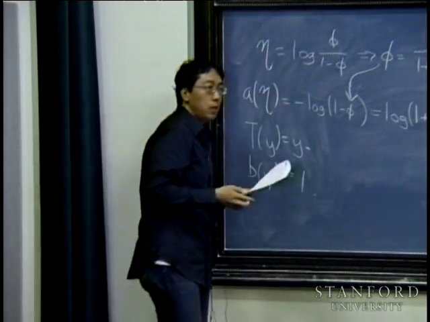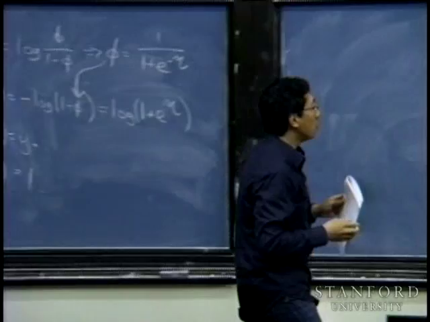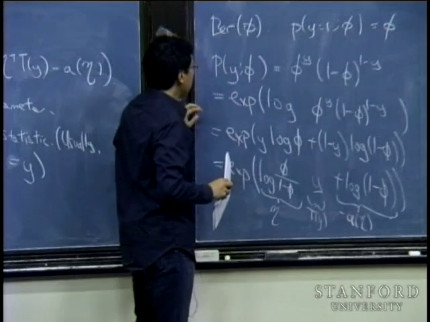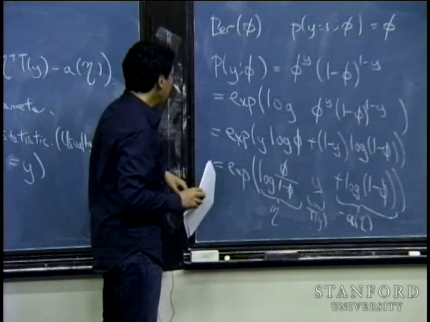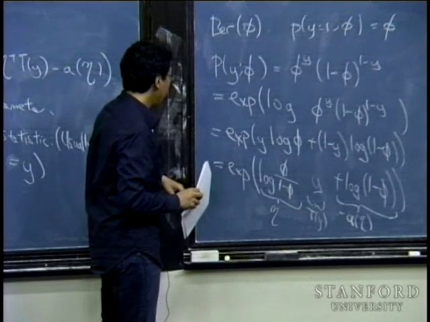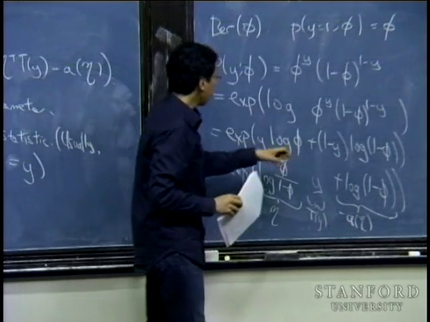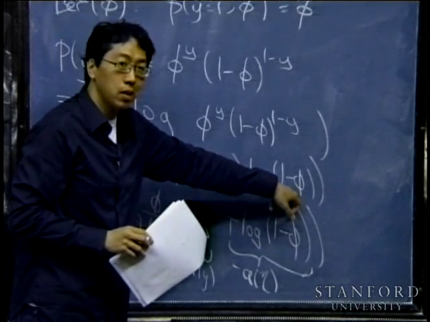Question? Going from the second to last line to the last line. Yes, this line to this line. Expand this term out: 1 minus y times log 1 minus phi.